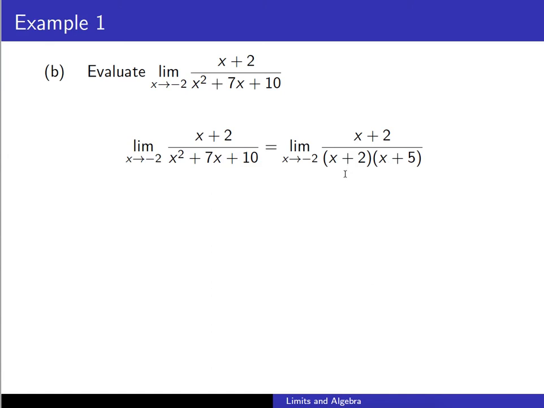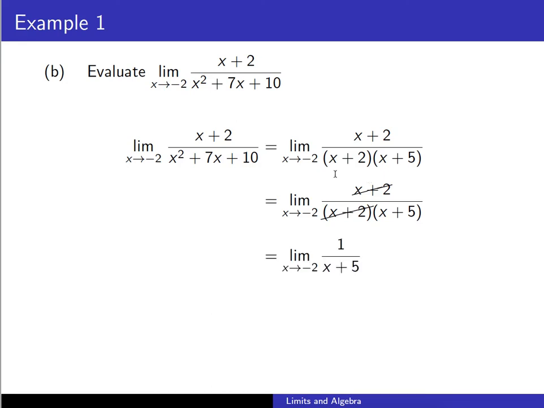Noticing the x plus 2 in the numerator and the x plus 2 factor in the denominator, those are going to cancel out or divide out and leave 1's in their places. Now remember, there is a 1 in this numerator after it's been canceled out, so our expression simplifies as the limit as x approaches negative 2 of 1 over x plus 5, and then plugging in negative 2 for x, we have 1 over negative 2 plus 5, which is 1/3.